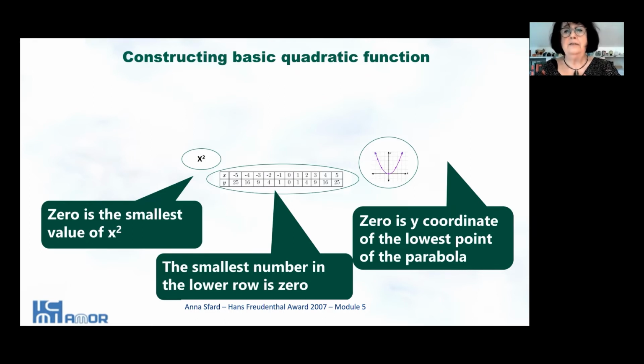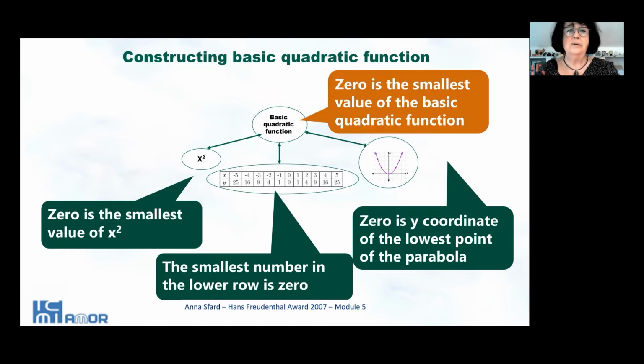Replacing all three signifiers, the algebraic expression, the parabola, and the table, with the single term basic quadratic function allows to make all these three statements simultaneously in this single sentence. 0 is the smallest value of the basic quadratic function. Here, we use the new noun function to perform saming of the three original signifiers.